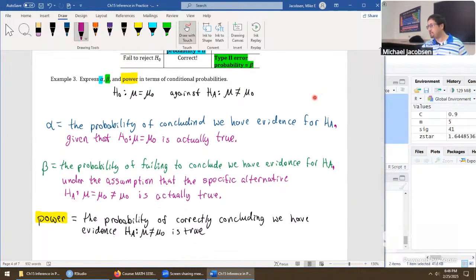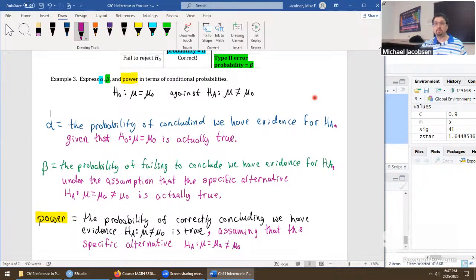So it's right in this last statement. Assuming that, or given that, or under the assumption, let's go with assuming that, the specific alternative HA, mu equals some value mu A informed by the effect size, which is again not the same as mu naught in the null hypothesis, is actually true in the population.